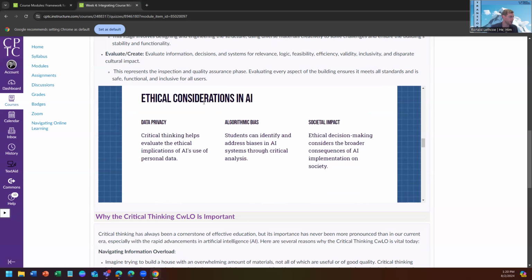Related to AI, there's still a lot of ethical considerations that we have to think about. And that relates to critical thinking because we have to decide whether it's worth it to use these tools. And the responses that we are getting from the tools, where are they getting that information from?